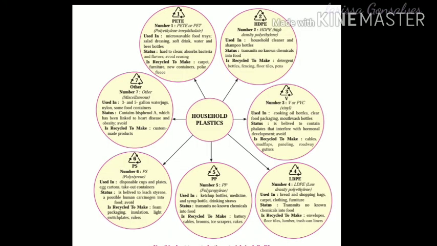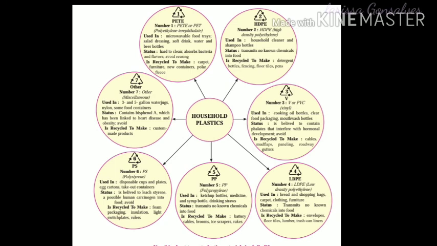Here is a chart which gives us information regarding the different types of plastic materials that we use for household chores, their current status, and if you recycle them, then what products you can prepare. First is PETE or PET.